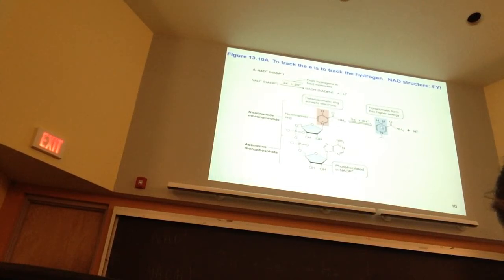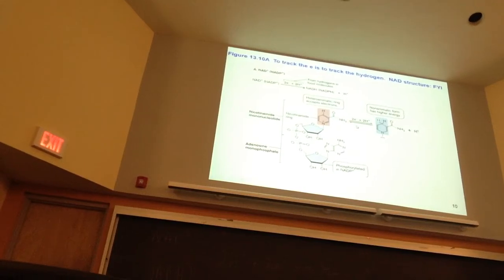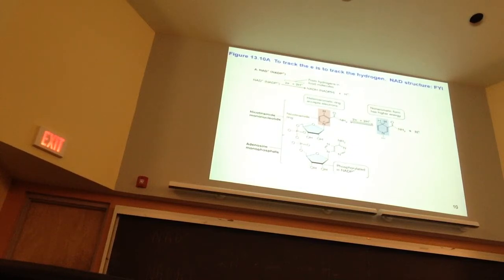When they accept 2 electrons, that ring has now been partially saturated, and so it's no longer completely aromatic. There's not 3 double bonds in this ring anymore because it's accepted 2 electrons. And so there's the presence of that 1 hydrogen atom that you now call this molecule NADH. So that's a little bit of detail, certainly the structures are for your information.